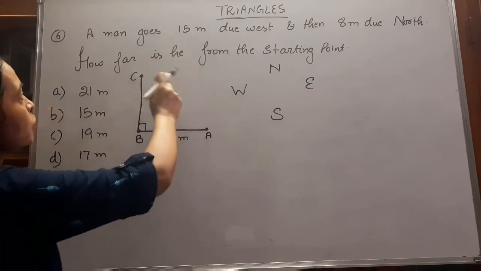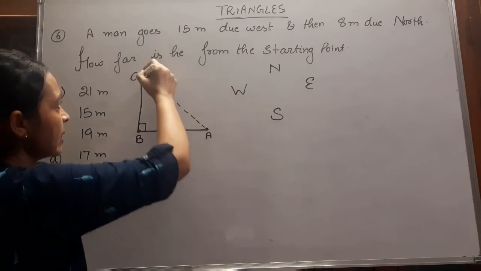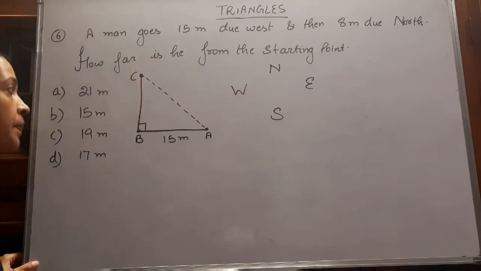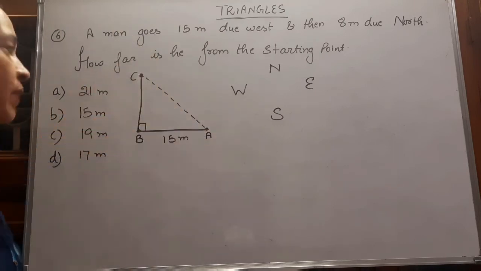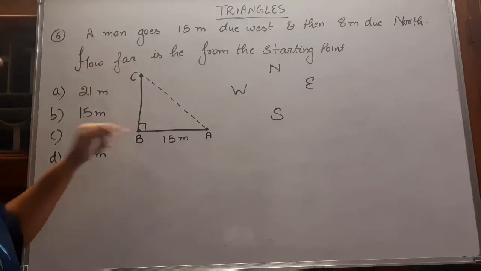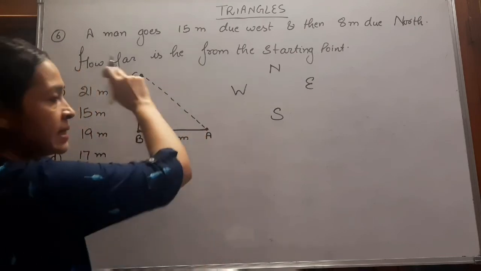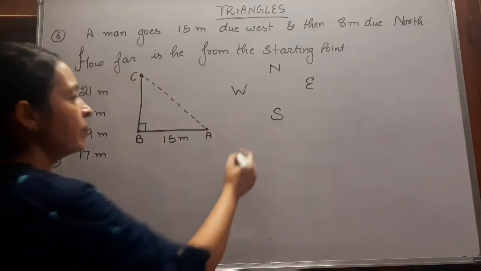What we have to find is the distance between his starting point and the last point, that is, AC. So as per Pythagoras theorem, we have triangle ABC with angle B 90 degrees.